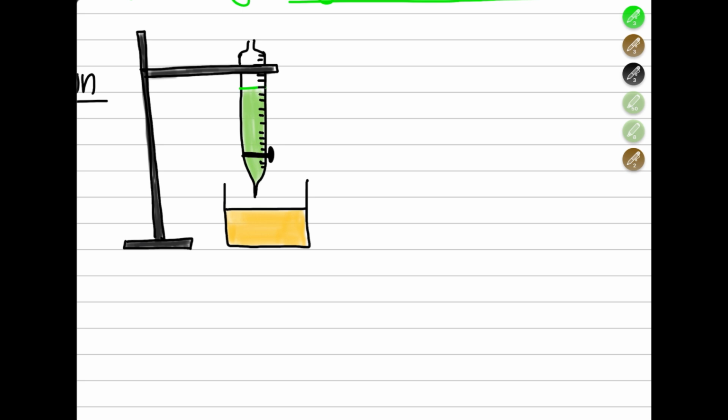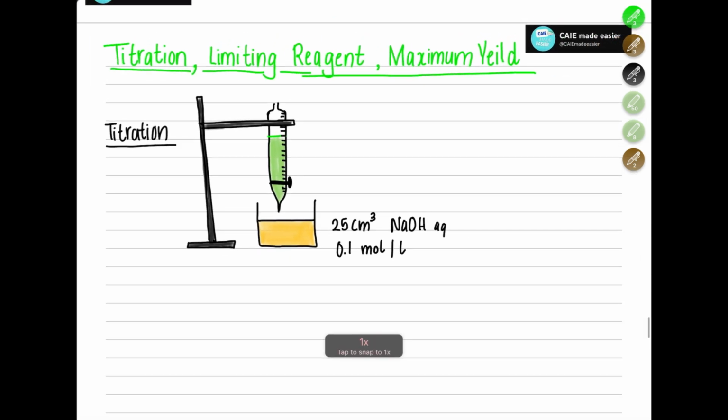Let's say that the beaker has 25 centimeter cube of sodium hydroxide solution, and let's say its concentration is 0.1 moles per liter. So we can say this is a standard solution of sodium hydroxide. What is a standard solution? A standard solution is basically a solution of known concentration.